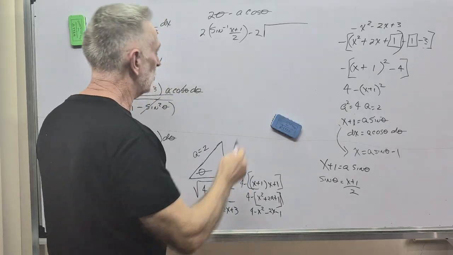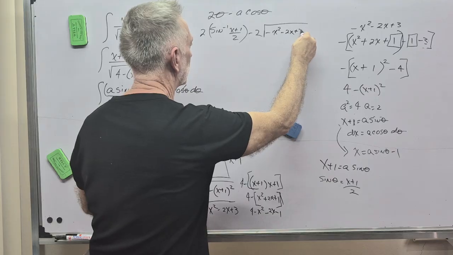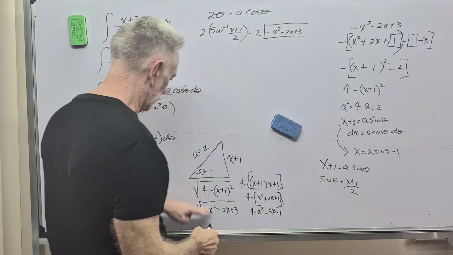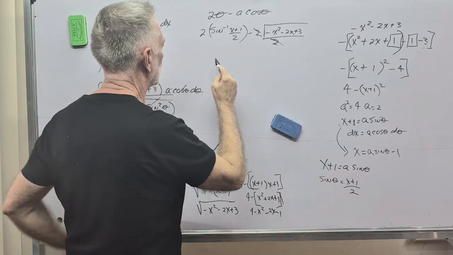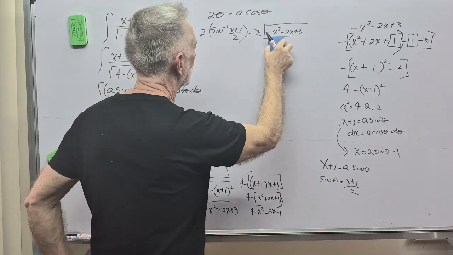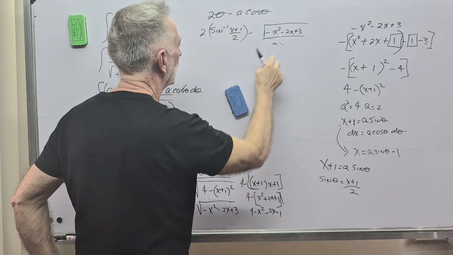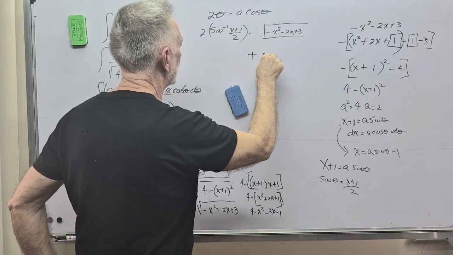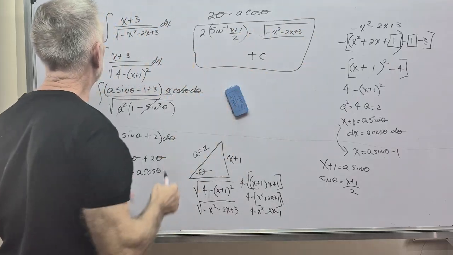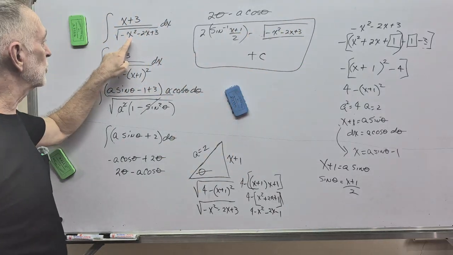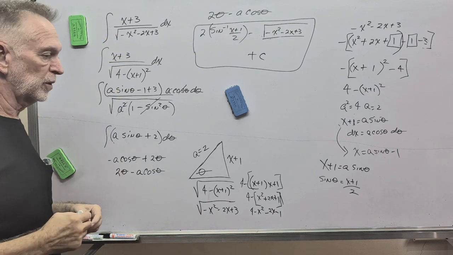So I have the square root of minus x squared minus 2x plus 3 over the hypotenuse, which was 2. So those terms cancel. And I'm left with that plus c. And that, my friend, is the integral of x plus 3 over the square root of minus x squared minus 2x plus 3.